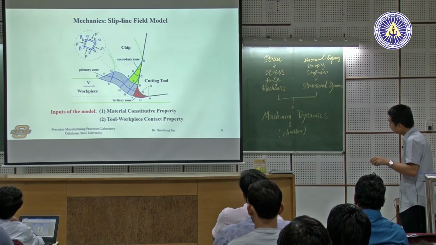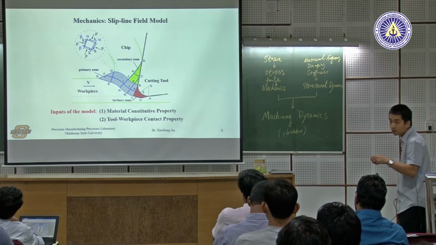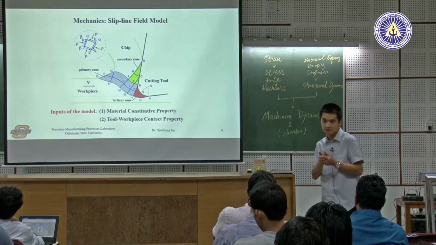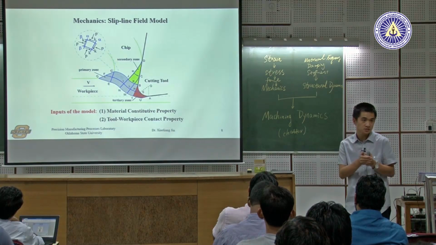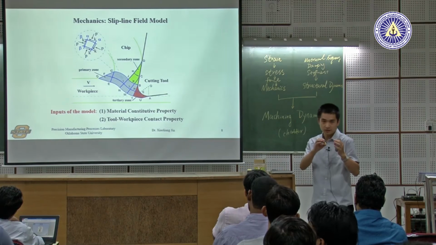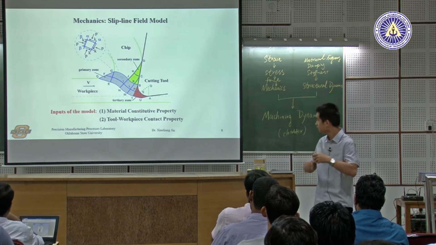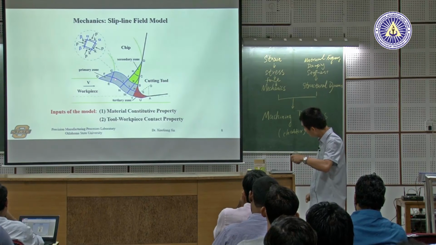So before we go through the details, has anyone learned the stress Mohr circle in solid mechanics? If not, I will briefly talk about that. For any material under deformation, let's say we just pick one point.